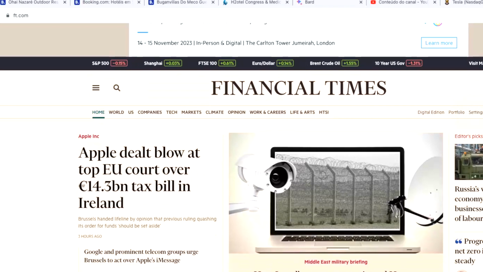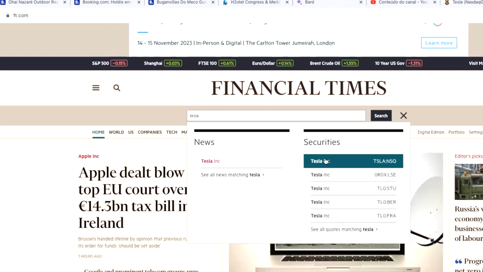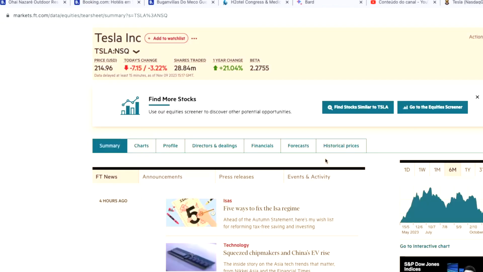The next step, I compare with other target price perspectives. Most of them are similar, but sometimes you find different values. So I like to use the Wall Street Journal or the Financial Times, and I look at the target price in the Financial Times. When I do this, as you saw, I put the name Tesla. In the Financial Times and in the Wall Street Journal, it also gives me some recent information about an article.